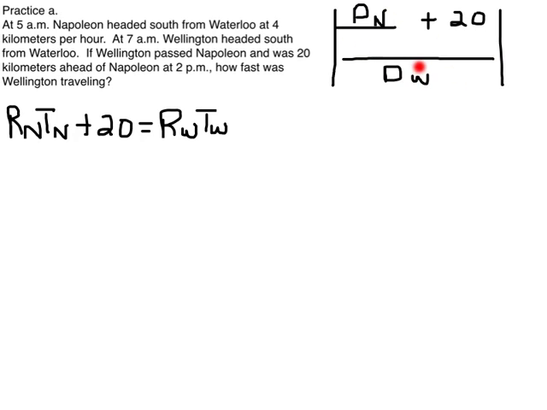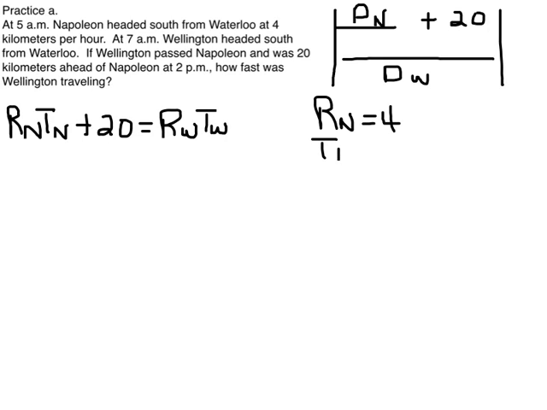I've taken this diagram where I drew it and I've turned it into our rate times time equation for this type of problem. And I see that I'm going to need to pull out what I've got. We know that Napoleon's rate is 4. What do we know about time?